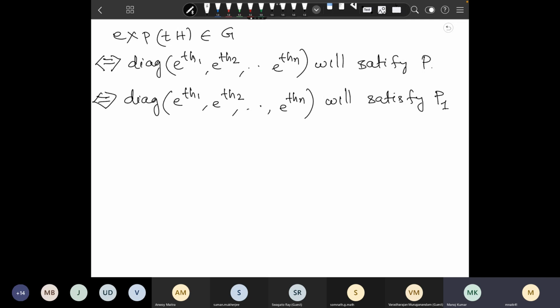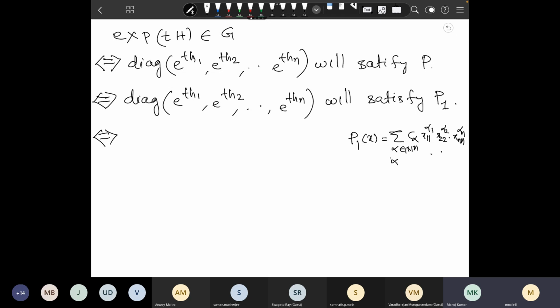If you put the coordinates of this matrix into P2, then P2 of that will be 0. Remember that P1 of x is the sum over alpha belonging to N to the power n, with mod alpha less than or equal to m, of C alpha x1 to the power alpha 1, x2 to the power alpha 2, up to xn to the power alpha n.